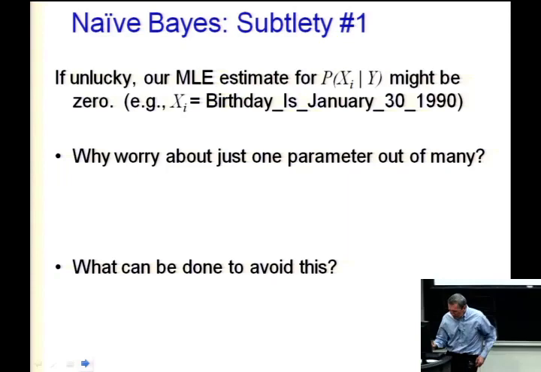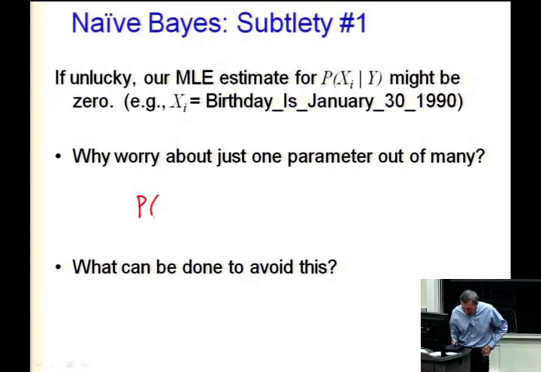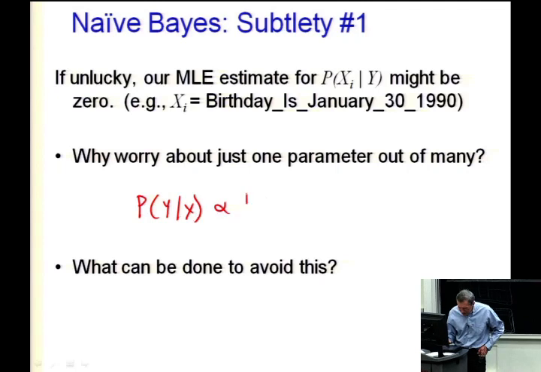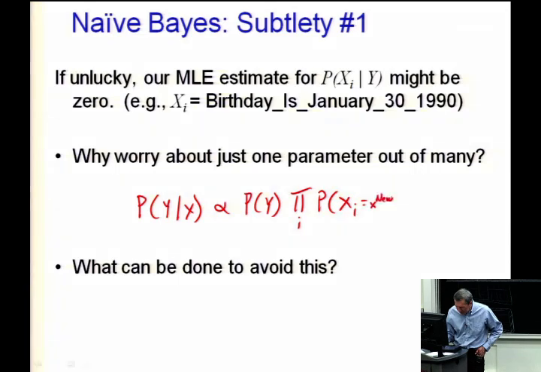Why a big problem? Because remember, what we're saying is the probability of y given x is proportional to the prior on y times the product over all these x sub i's of the probability that that x_i will take on whatever value we see given that y.